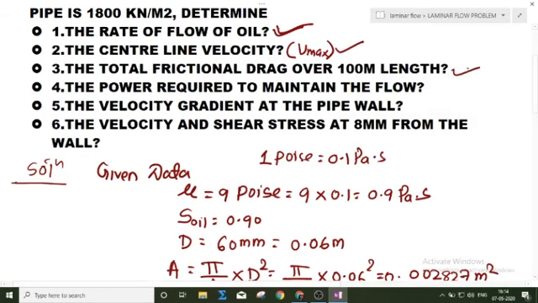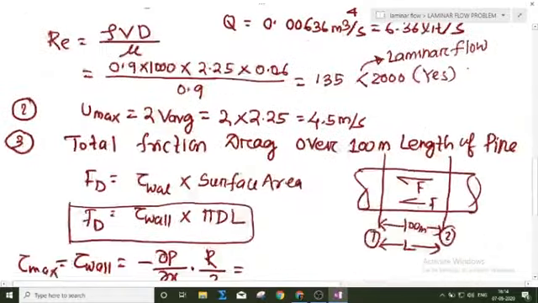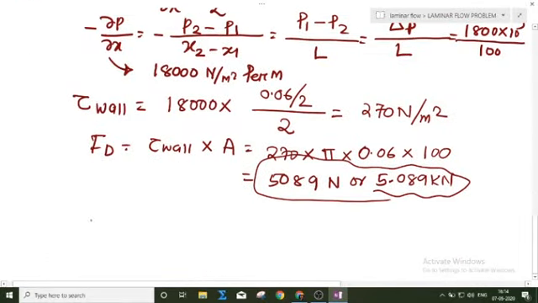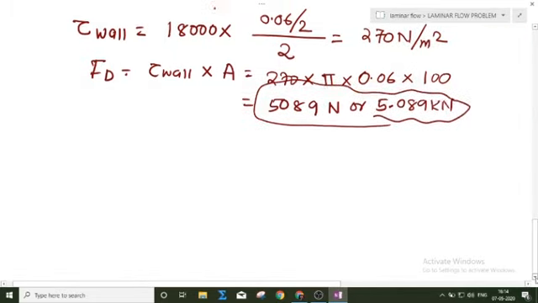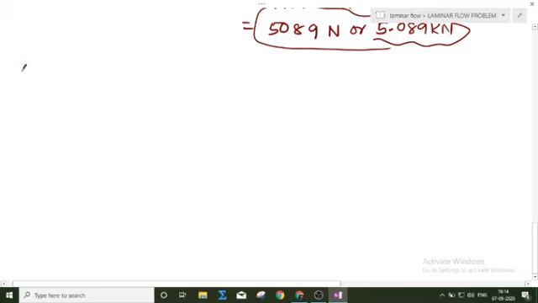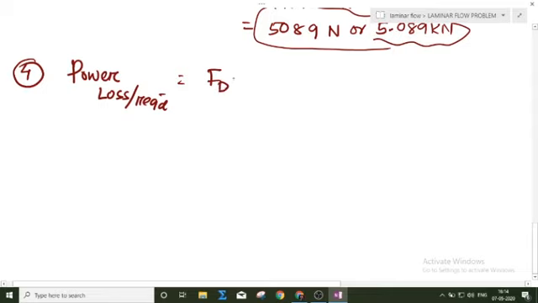The fourth one is asking what is the power required or power loss, how much power is lost, that much power is required. You can say this is power loss or power required. What is power required? This is the frictional resistance, the drag force, into the average velocity.